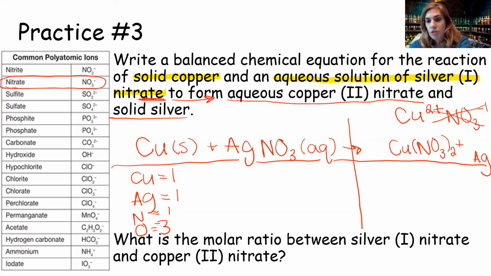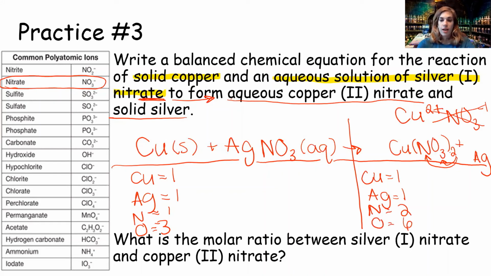Now I'm going to look at this 2 subscript on the outside. It's just like math. It's outside the parentheses, so it distributes to everything inside of this parentheses. But it does not distribute to the copper because the copper is not inside the parentheses. So when I count this, once again, I have 1 copper, I have 1 silver, I'm going to keep them all together. I have 2 nitrogens now, and I have 6 oxygens.